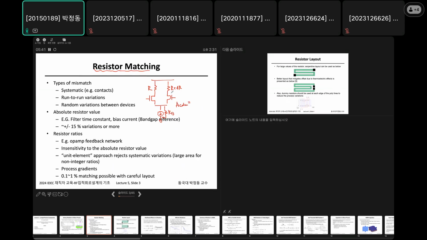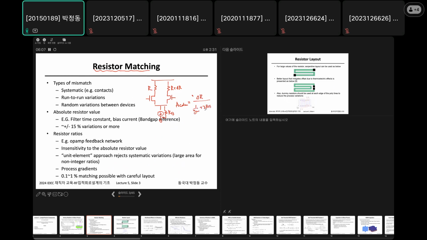So CMRR becomes very bad, right? If the only mismatch is caused by the resistor, then this becomes delta R over 1 over Gm plus 2 Rs, right?